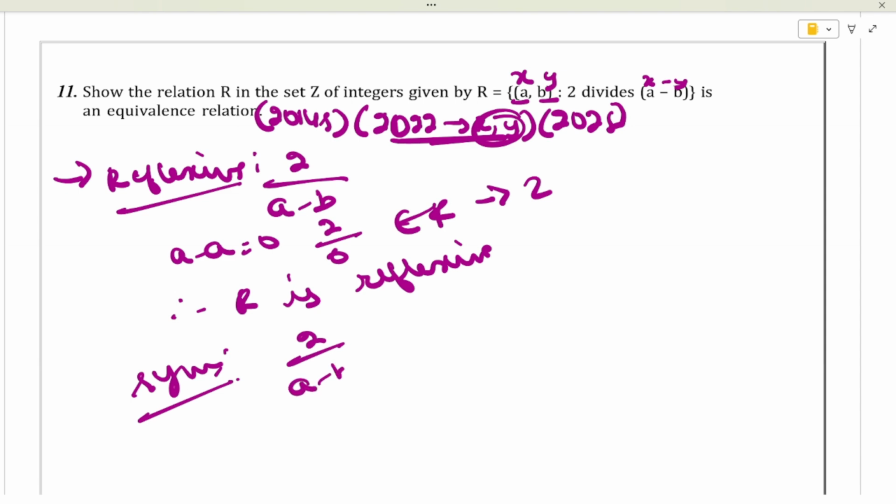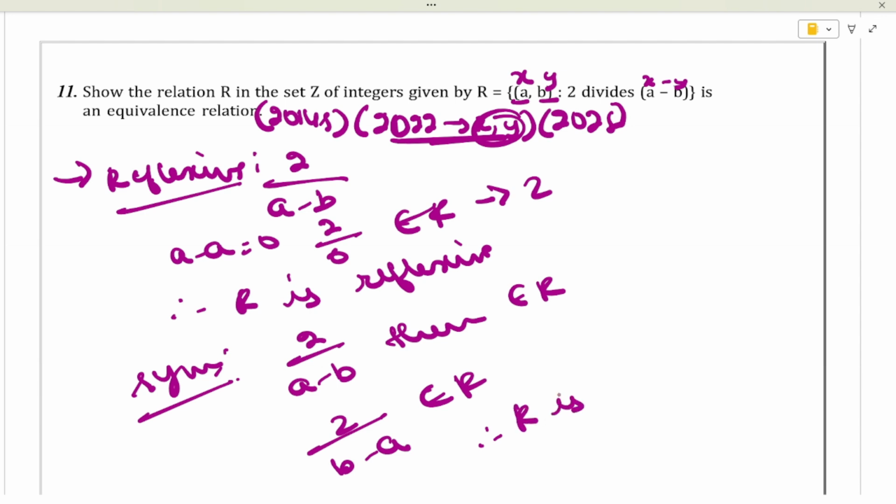For the symmetric condition, if 2 divides a minus b, then 2 divides b minus a will also belong to R. This belongs to R, that also belongs to R. That means you can say that it is symmetric.